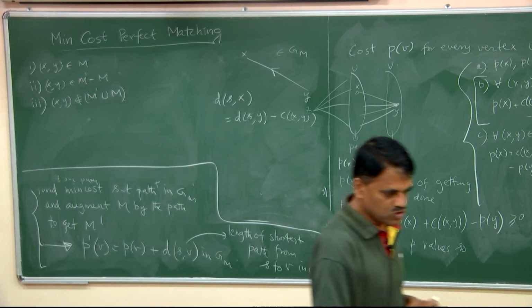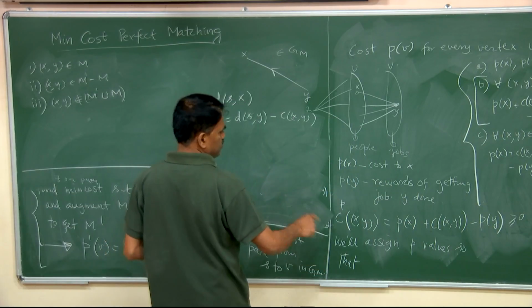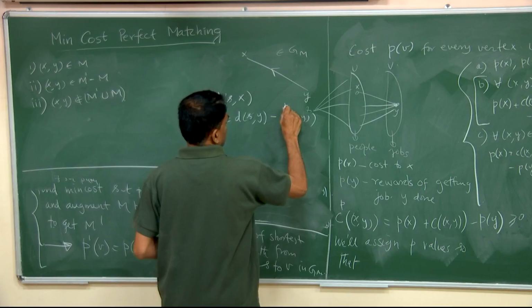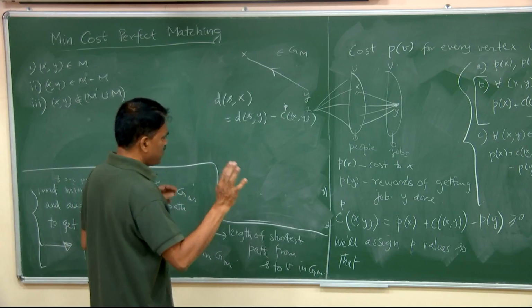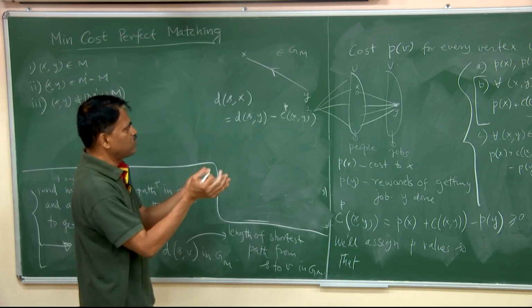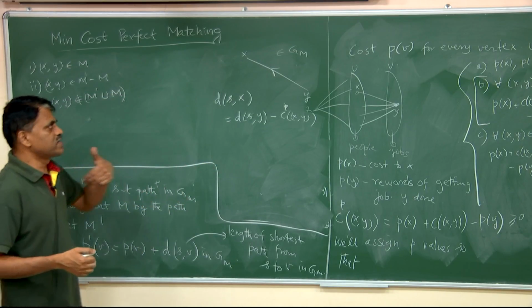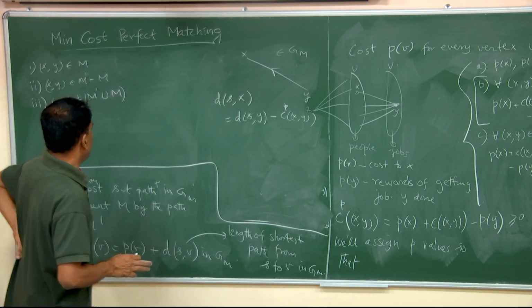I think if I just assume it's reduced, then yes, let's do it in the reduced world, which is Cp of xy. Because we argued that finding shortest paths in the original cost, at least for cycles I argued. For paths you need to do a little bit more, but I'll come back to that. So we're going to do it in the reduced cost on the edges, because they are the ones which are greater than or equal to 0, and you can apply Dijkstra and all that. I think that was the problem I was struggling with. Now I think it should be fine.